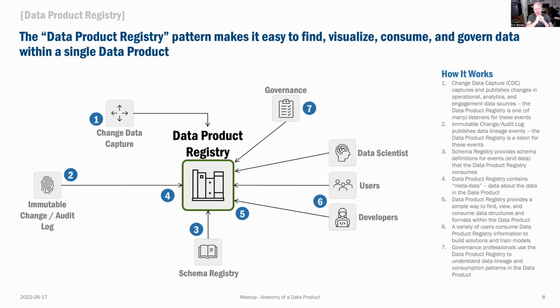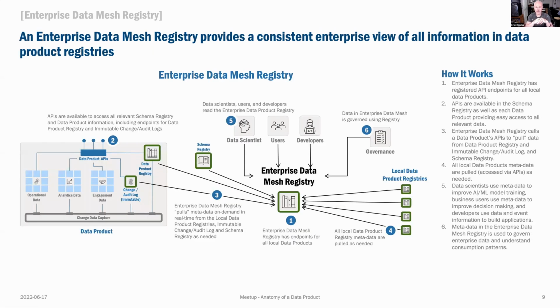More often than not, I find it's a discovery set of APIs that allow any entity to query the data product registry and say, hey, what are you about? What information do you have?